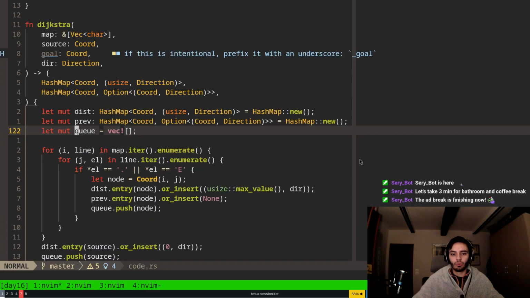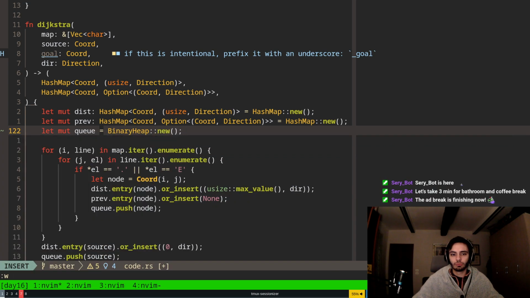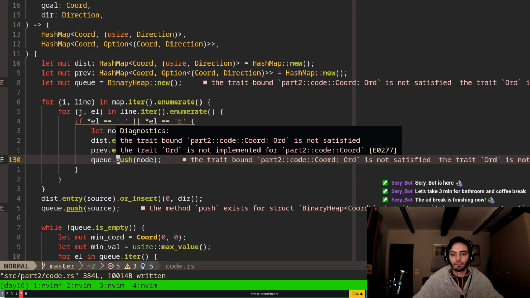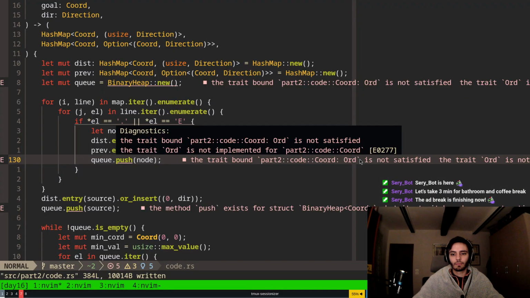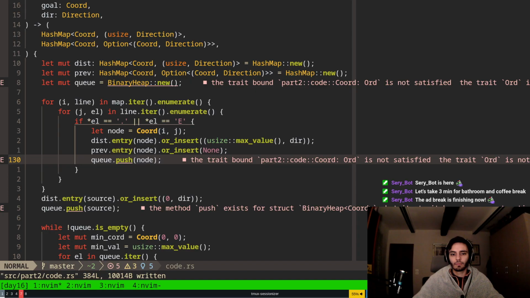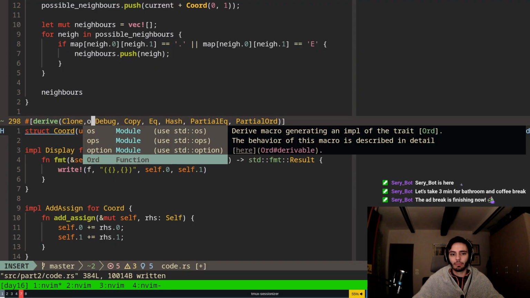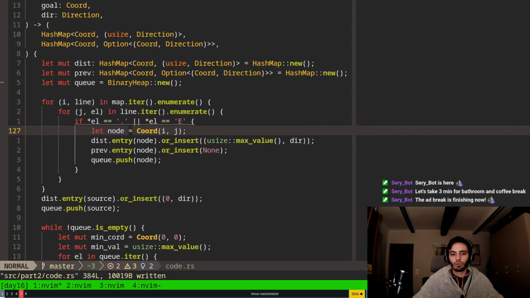So my queue should instead be a binary heap new. Okay. So I can implement Ord, shouldn't be difficult.